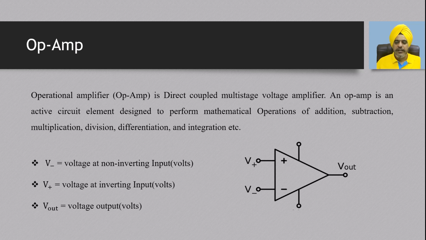Here we have two input voltages, V positive, which is also called the non-inverting input, V negative, which is also called the inverting input, and Vout as the output voltage. The remaining two terminals are for the supply voltages.